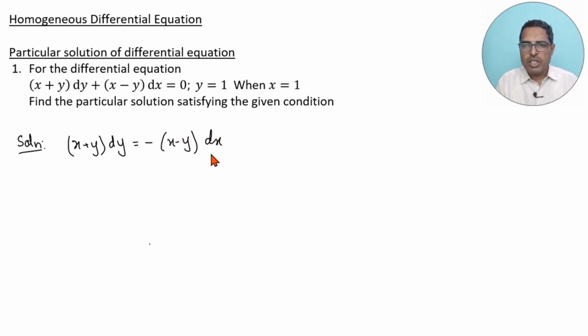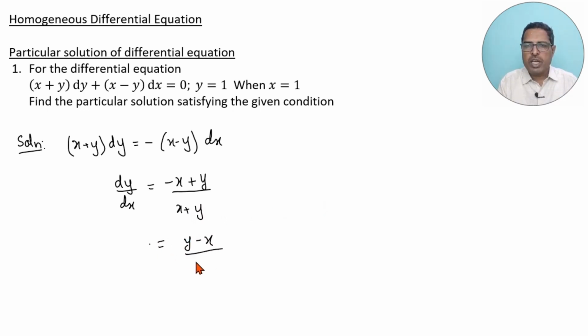Now cross multiply the dx, we get dy by dx equals −(x − y) divided by (x + y), or multiplying the minus sign inside, we can rewrite this as (y − x) divided by (x + y).